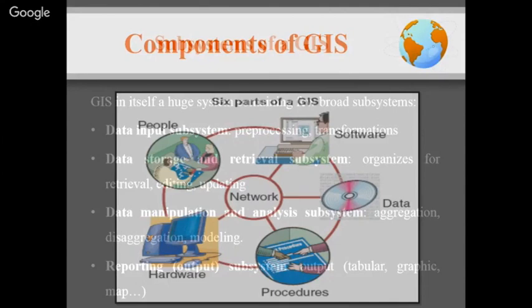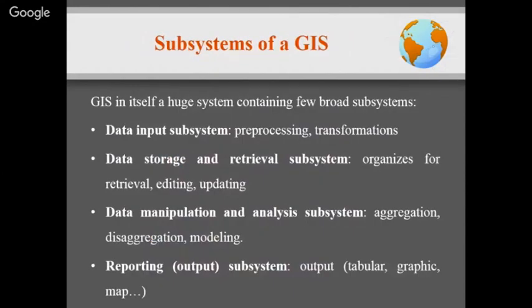Now, GIS has subsystems. In itself, it's a huge system containing a few broad subsystems. Number one, the data input subsystem, which means we need pre-processing and transformations before we work in the GIS information system. Then we have the data storage and retrieval subsystem, which means organizing for retrieval, editing, and updating.